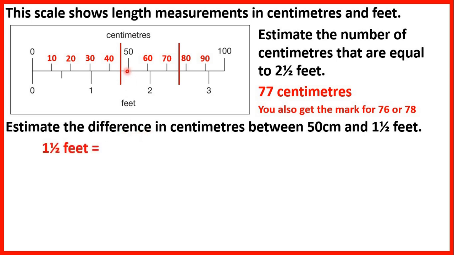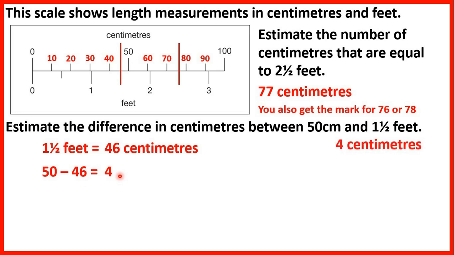We have 1.5 feet, so I would estimate that's 46 centimetres, because it's not right in the middle, it's just a tiny bit closer to 50 than it is to 40. So 50 minus 46 is 4, so the difference is 4 centimetres. You also get the mark for 3 centimetres or 5 centimetres.